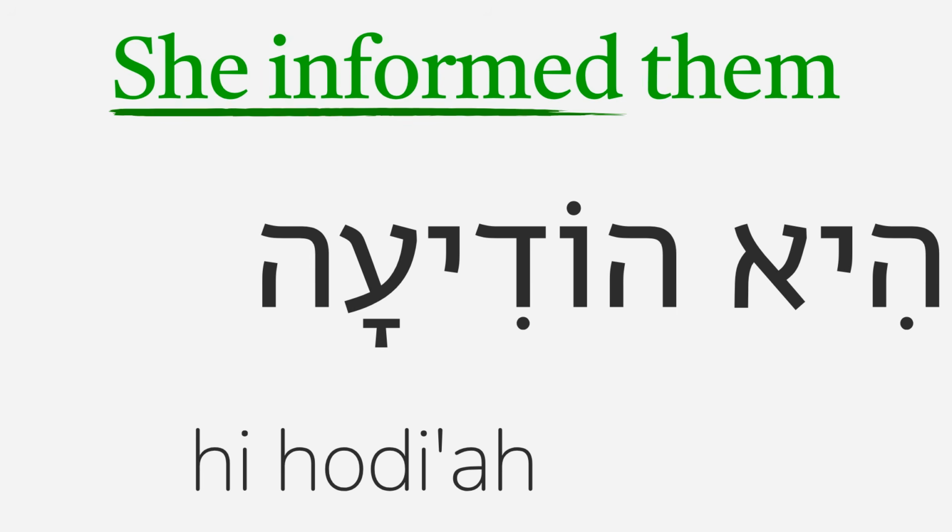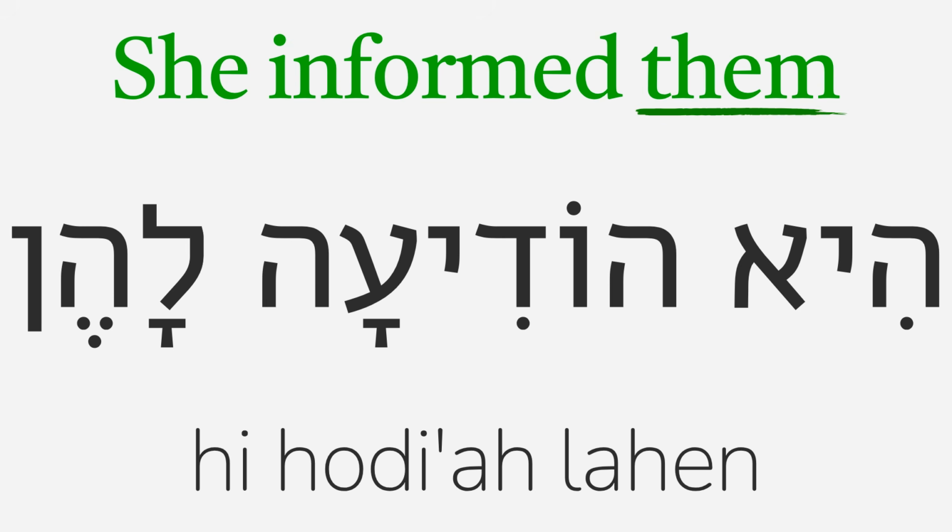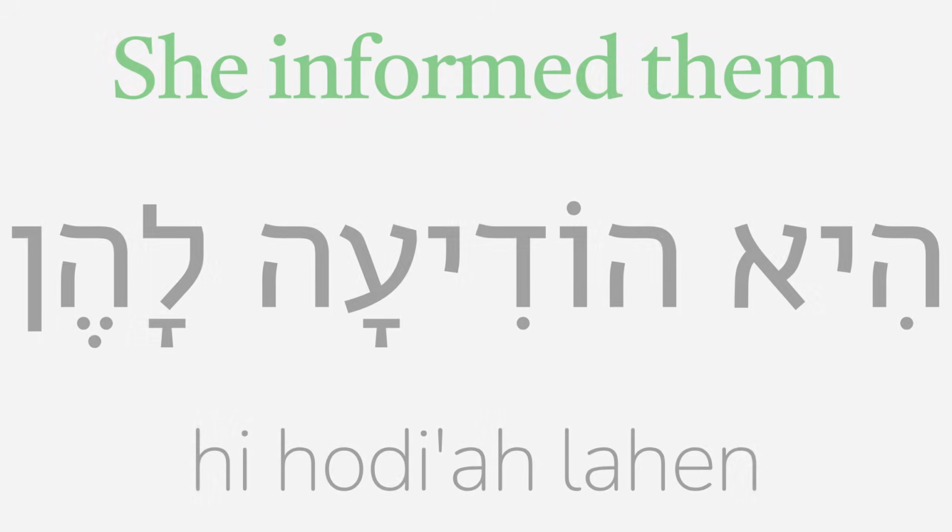Hodia, she informed. The object of the verb lehodia will come after the preposition le. This object is them. And let's say this them is a group of women. That will be the suffix hen on the preposition le. Hodia lahen, she informed them. Hodia lahen.